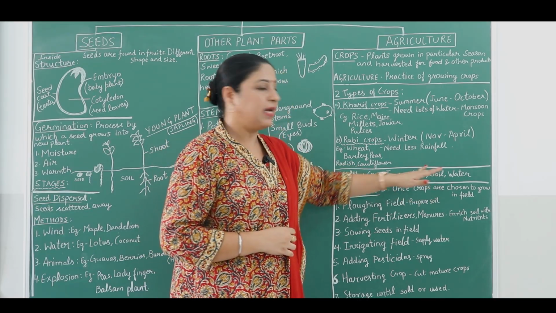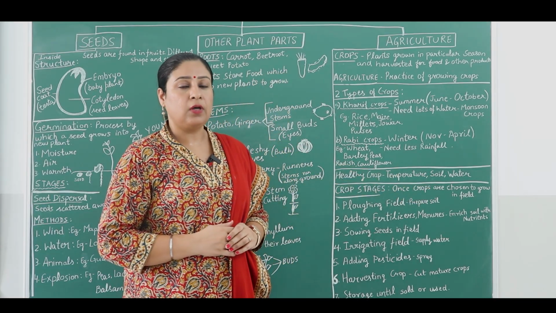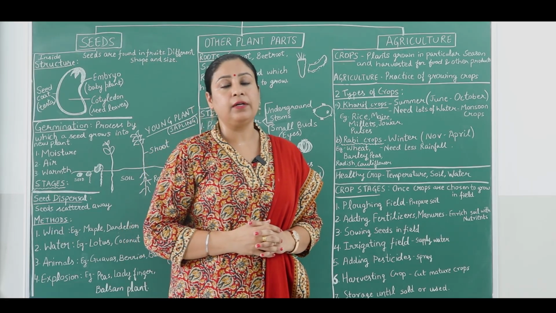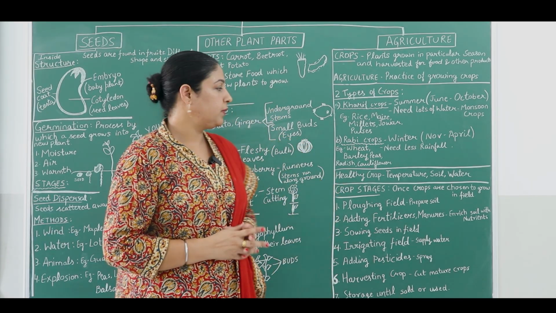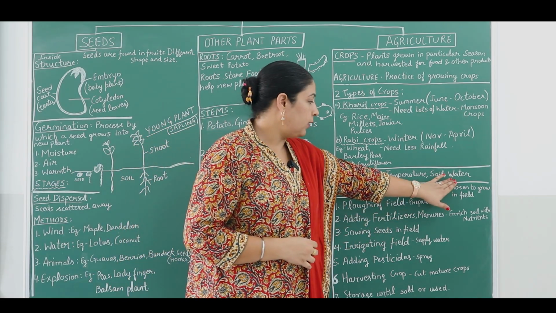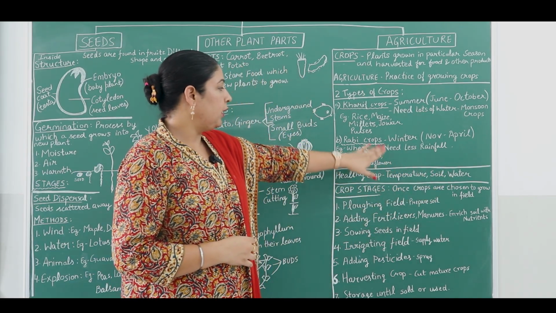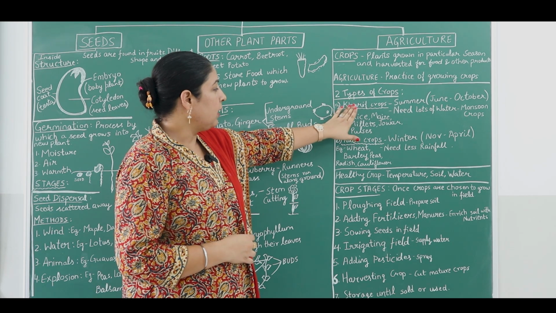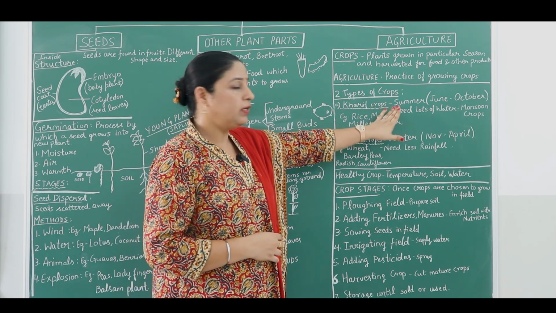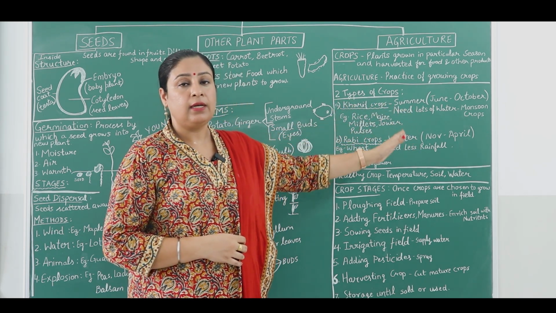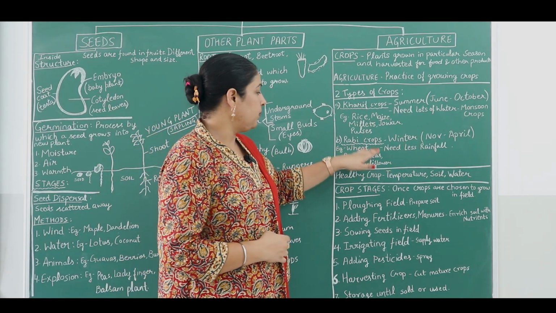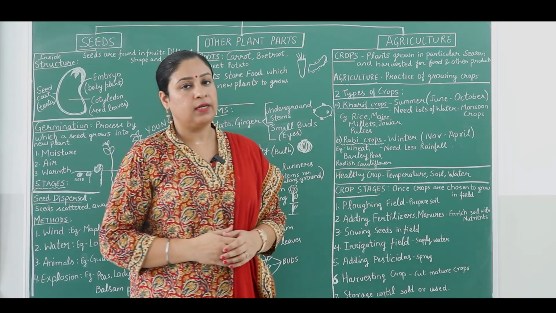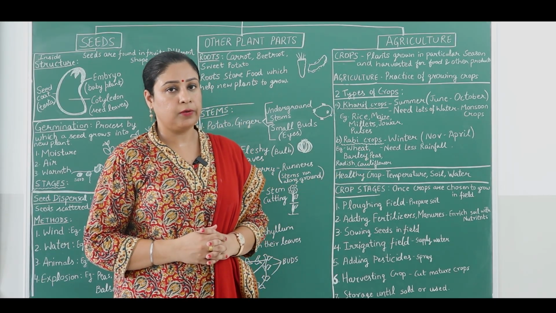Soil also matters a lot because soil provides important water and nutrients to growing crops. Water is also required in kharif crops. Water is required in large quantities, and for rabi crops less water is required to grow these crops.